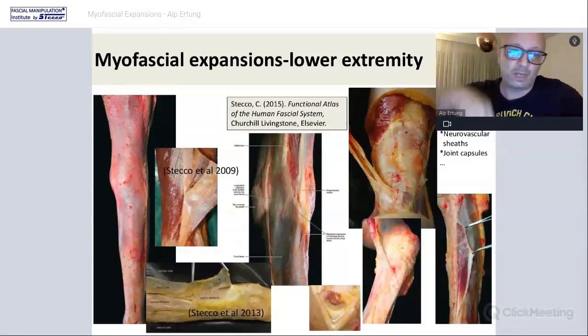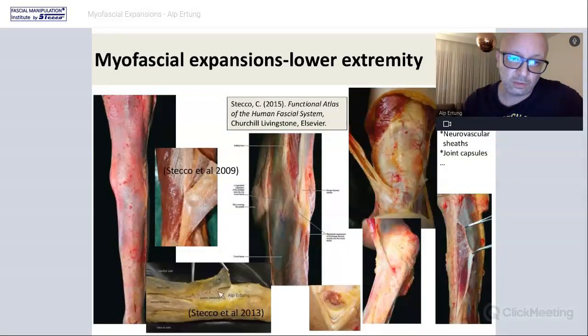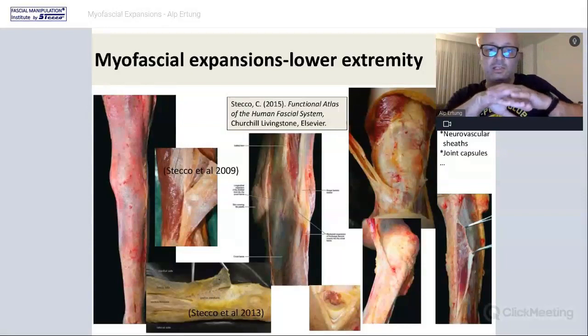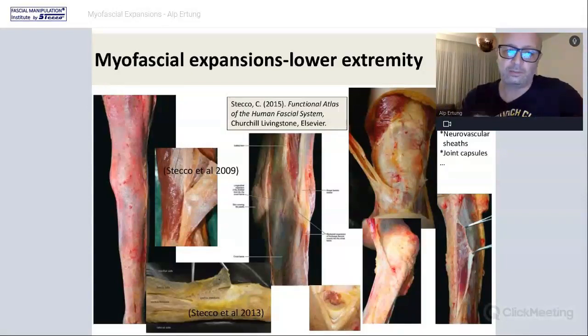It's the specialized part of the fascia lata. Also, vastus medialis has a very close relationship with the deep fascia, the fascia lata. You can see the perimysium of the vastus medialis is adhered. It's really hard to separate it from the muscle, actually.